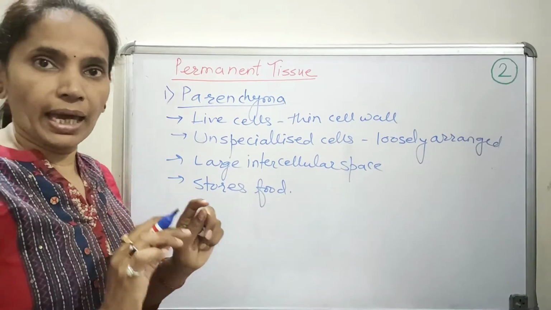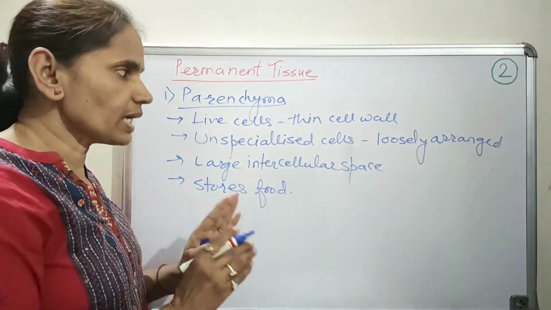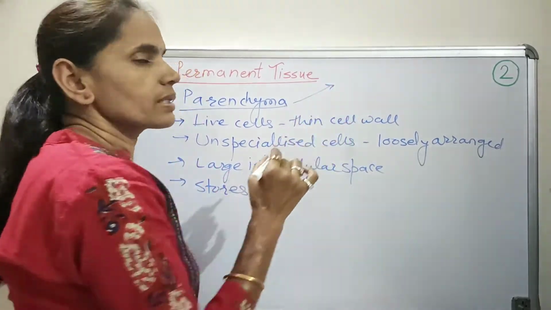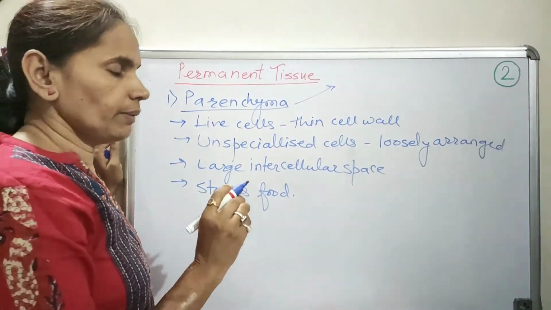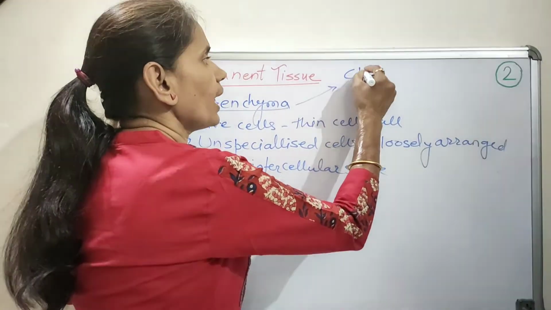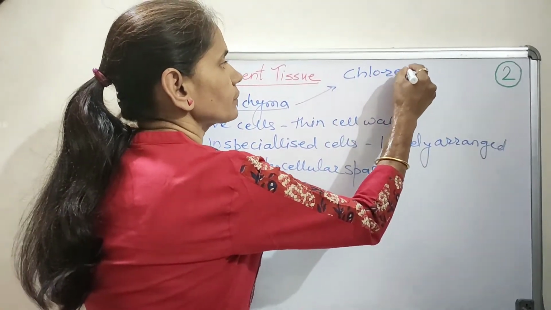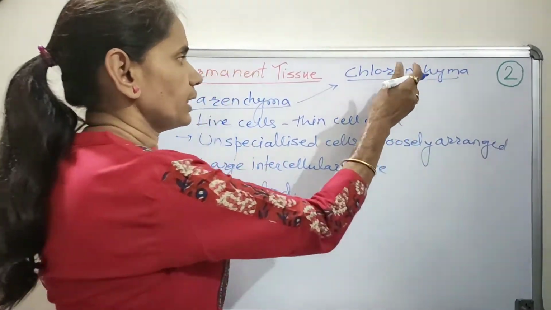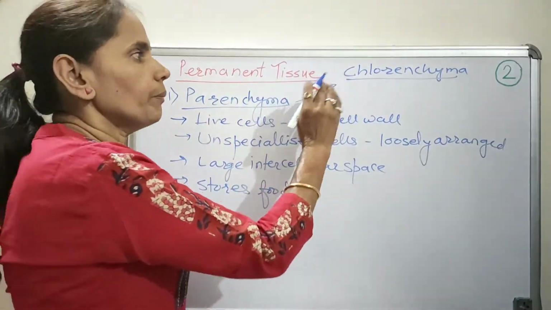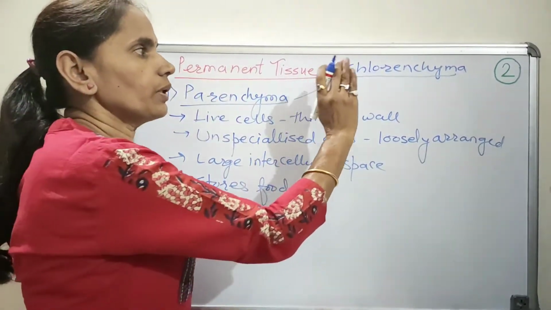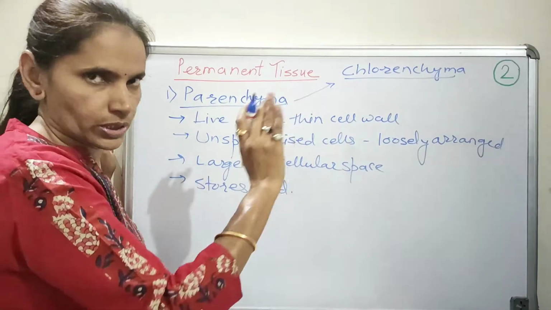Now when the cells of the parenchyma tissue have chloroplast and perform the function of photosynthesis, it is known as chlorenchyma. What is chlorenchyma? It is a type of parenchyma tissue, but it consists of chloroplast and performs the function of photosynthesis.